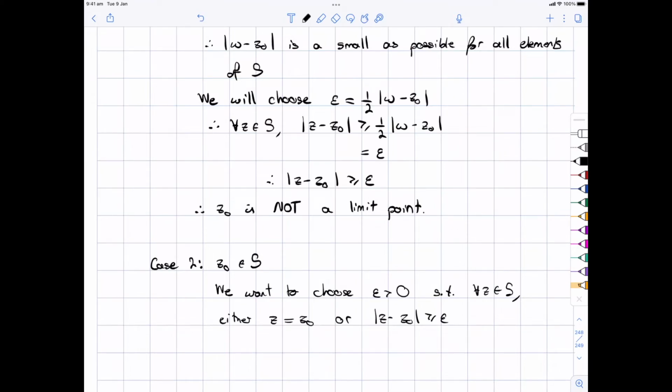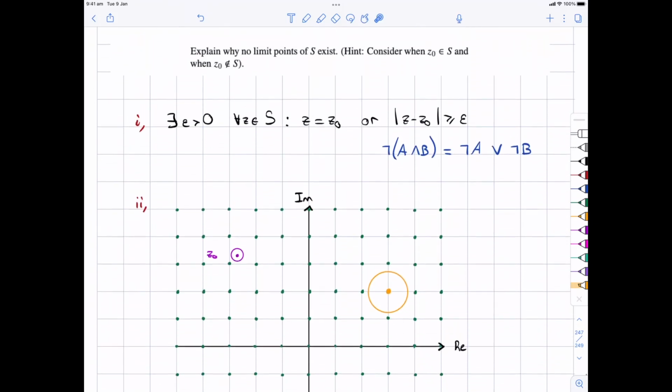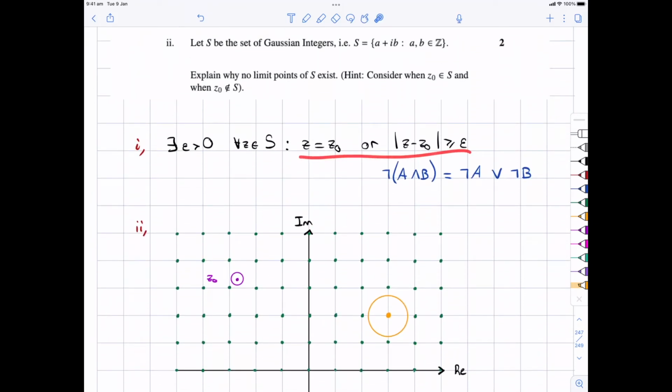Another way of saying that is that if we choose a circle, it only has the one Gaussian integer within it, which is z0. Otherwise, all other Gaussian integers are outside of our circle. And I will show you how we can reformulate this to make it a little bit more intuitive to see.